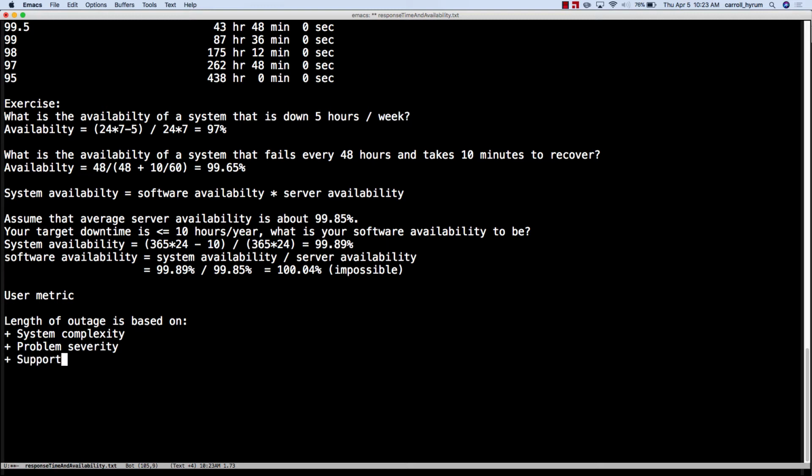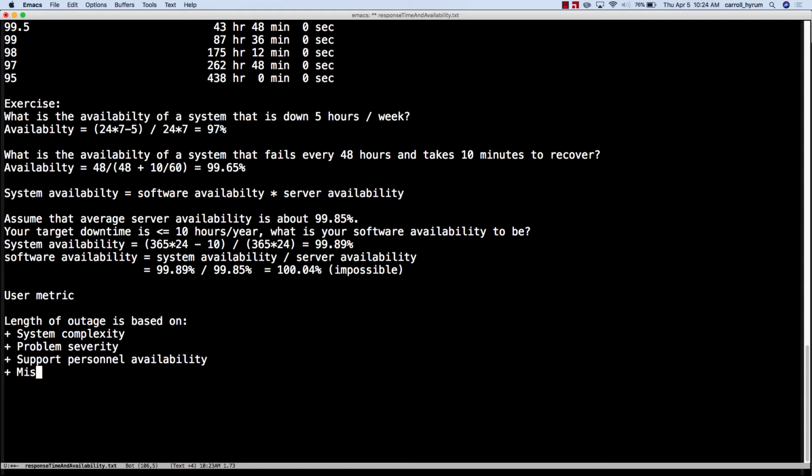There's also the effect of the support personnel availability. Okay, so how long does it take for somebody to come out and push a button on the machine? If you have to push a button on a machine. Or how long does it take for them to figure out where it is, and if it's the middle of the night?